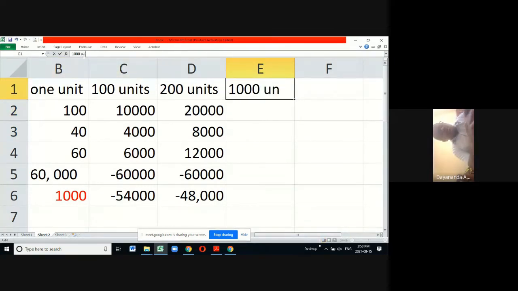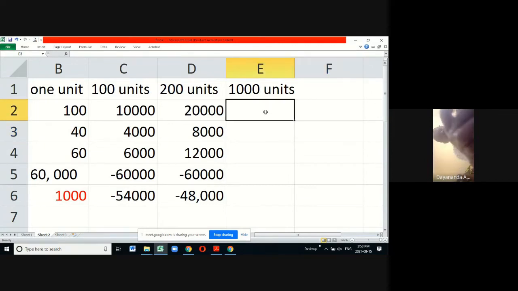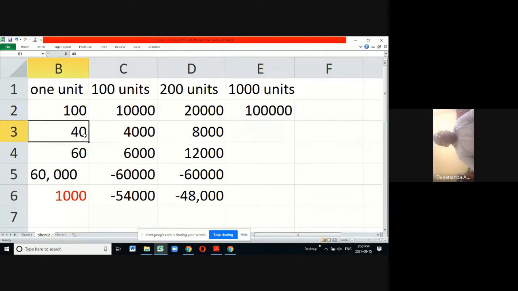So can you get the figures here? 1,000 units. When you sell 1,000 units, you multiply it by 100 because your selling price is 100. And 1 unit cost will be 40 rupees. So thereby you will end up with total variable cost 40,000. Is it clear?